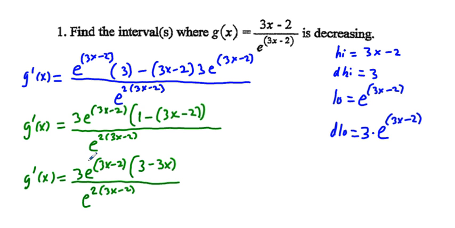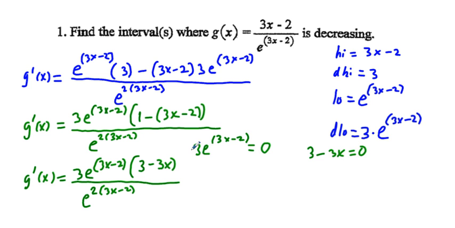And so to find the critical numbers, we're going to set each of these factors in the numerator equal to 0. So we're going to set 3e to the 3x minus 2 equal to 0, and we're going to set 3 minus 3x equal to 0.